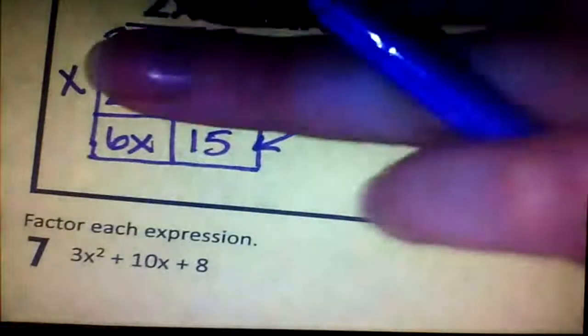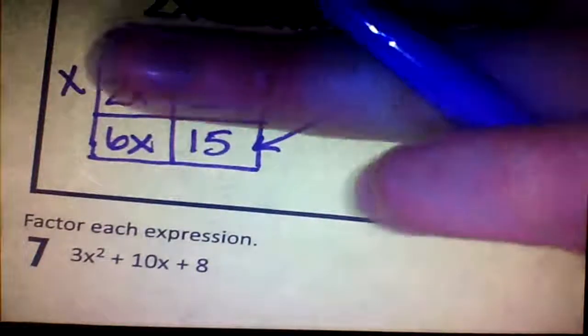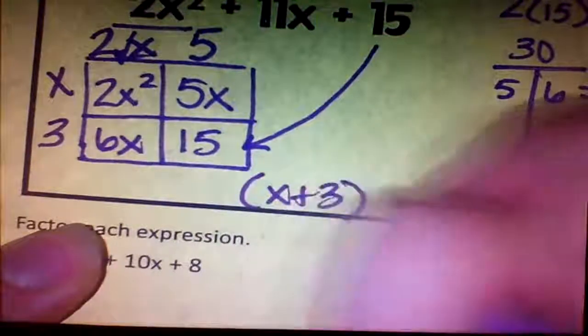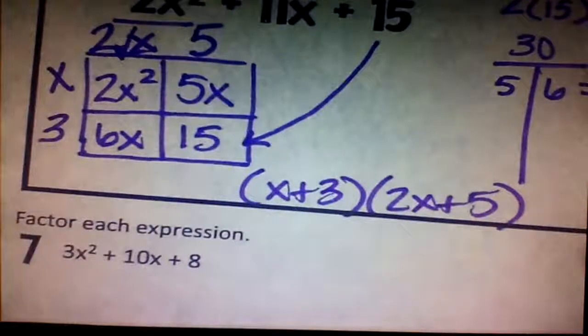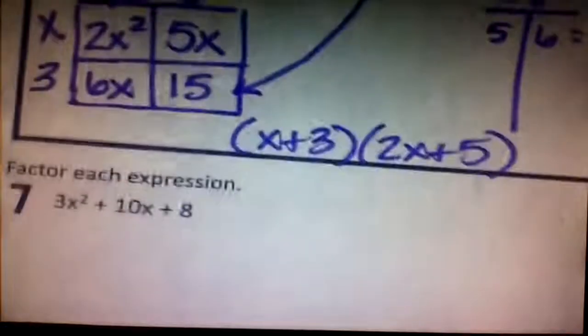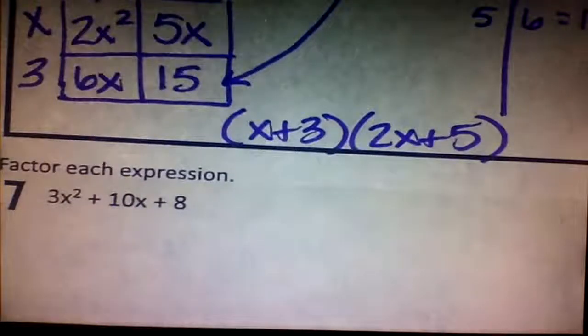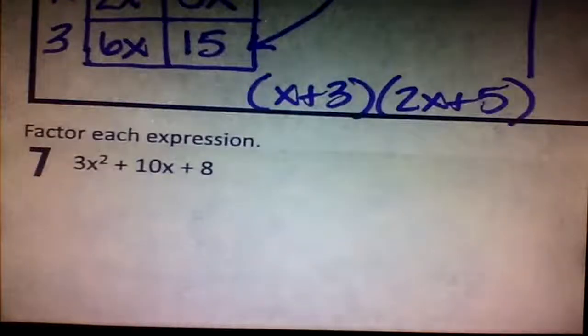And what about these two? A 3. Fantastic. We're getting good. So x plus 3 and 2x plus 5. Doesn't matter the order. You could put 2x plus 5 and x plus 3, and it would still be correct.